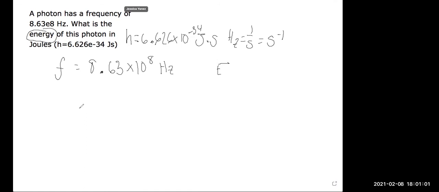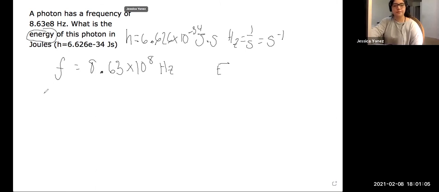You use E equals h nu. We're going to use E is equal to h nu. So then this just becomes another plug-in question, right?